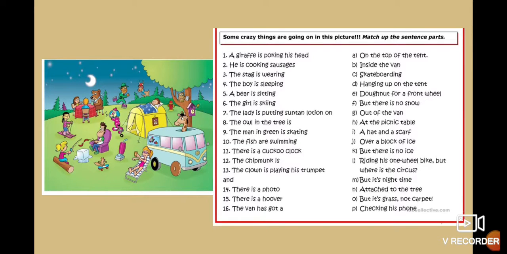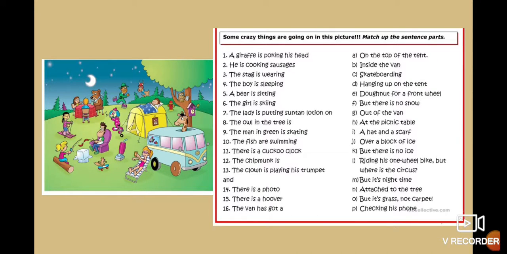In that case, this one is the option, let's check, we have this one, letter J, over a block of ice. So this one is a crazy thing, because we don't cook sausages on ice.